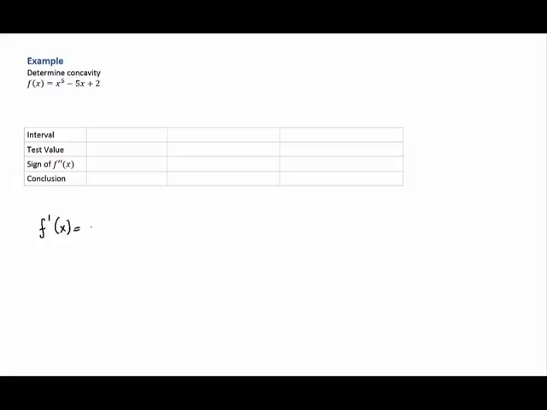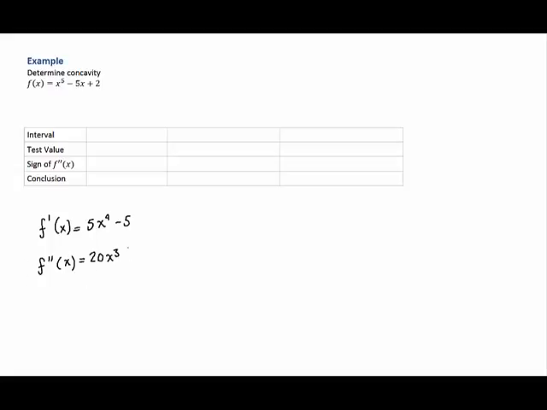So calculate the first derivative just to get your second derivative, which is the derivative of the derivative. The derivative of the derivative would be 4 times 5, 20, x to the 4 minus 1, 3. And the derivative of a constant is 0, so that is our second derivative.